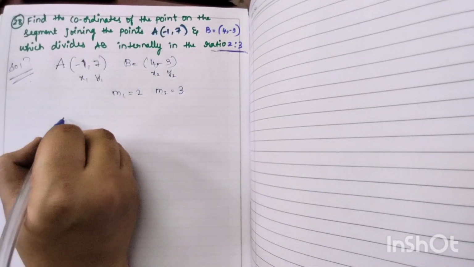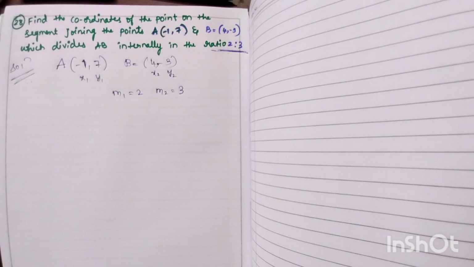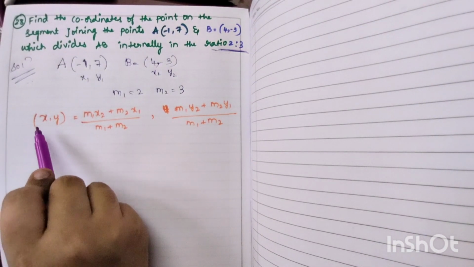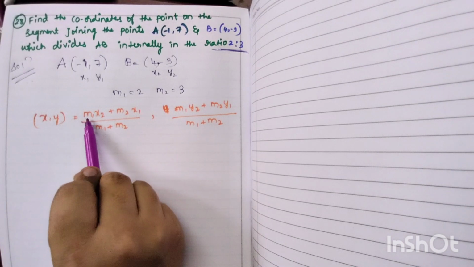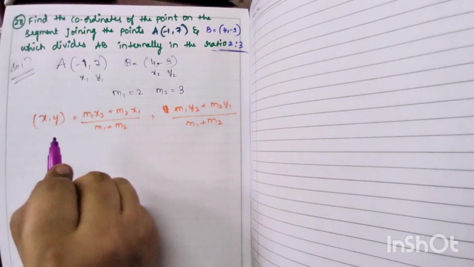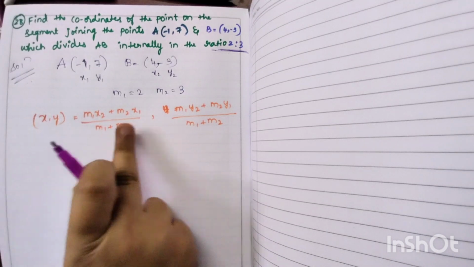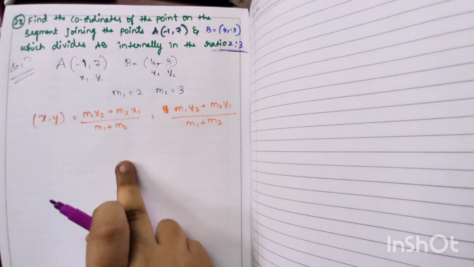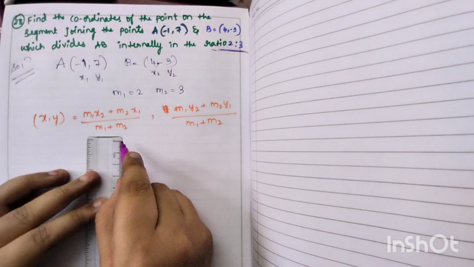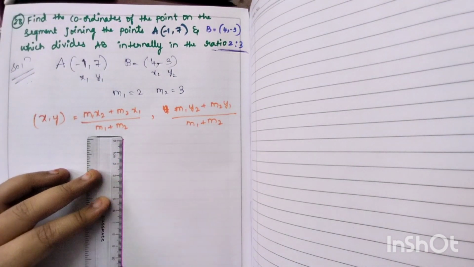So the formula for this is, this is the formula. We just have to substitute everything. They have already given the x coordinate here and the y coordinate here. So first let's separate them, so that we will not feel the length here.